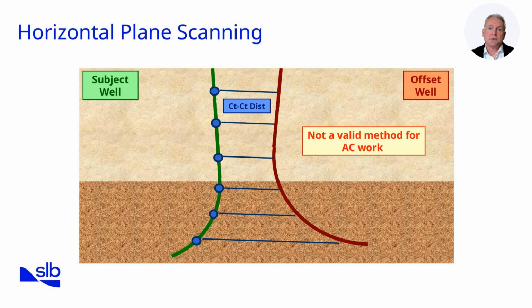Each well path on the plot should have TVD depth included to improve visualization. Operators must rely instead on more comprehensive scanning techniques such as 3D least distance or normal plane scanning to ensure true well separation and avoid unexpected proximity during drilling operations.